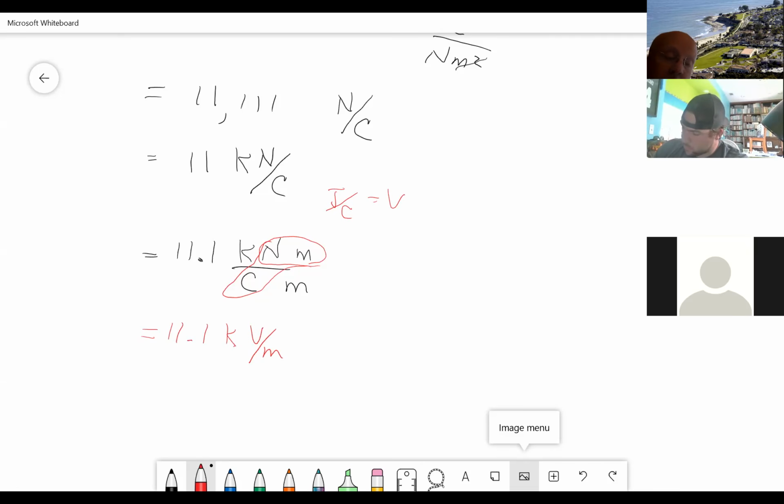And usually when you're writing it as newtons per Coulomb, you're thinking of forces. When you're writing it as volts per meter, you're thinking in terms of energy. But either one is equally as valid. So good. I'm glad I looked at that because that gave me a chance to point that out again.